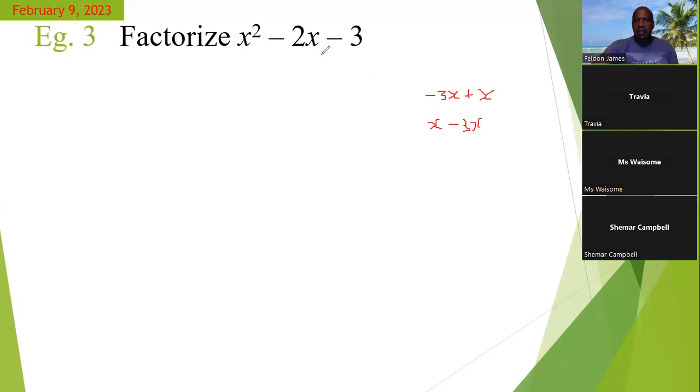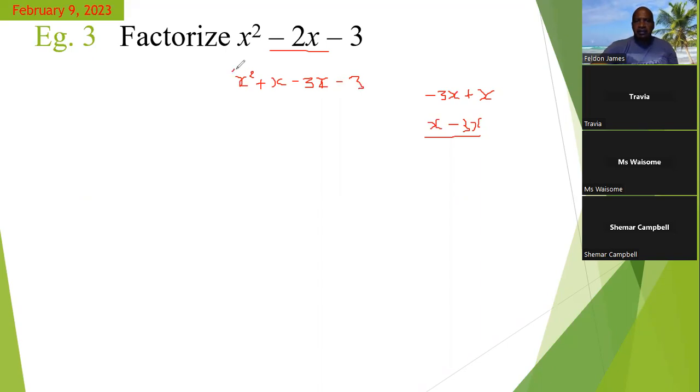So you're now going to replace the -2x with one of these. I'm going to replace it with the second one. So I'll get x squared plus x minus 3x, and we have -3.